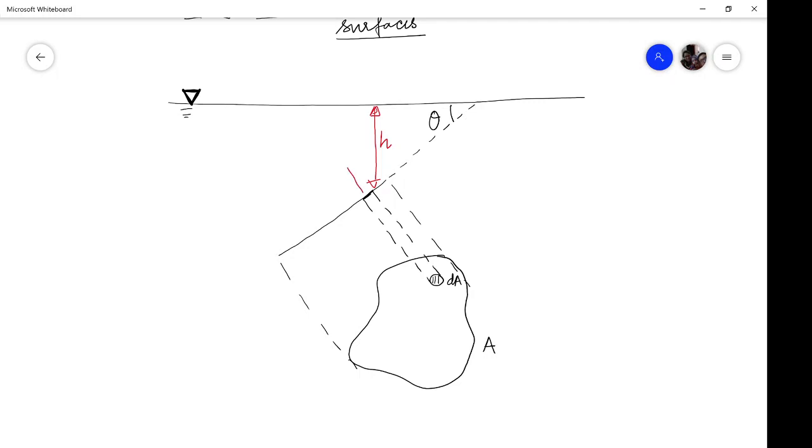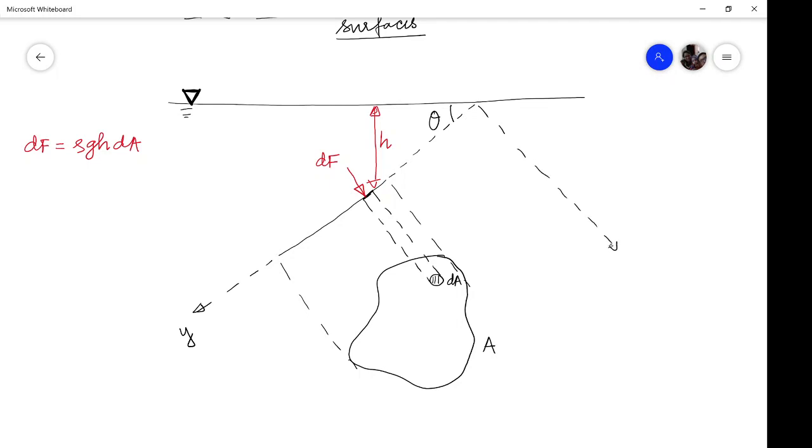So the force which is acting on this area, let us say dF, the hydrostatic force, will be given by the pressure at a depth of h in excess of atmospheric pressure, which is rho g h, times the area, that is dA.